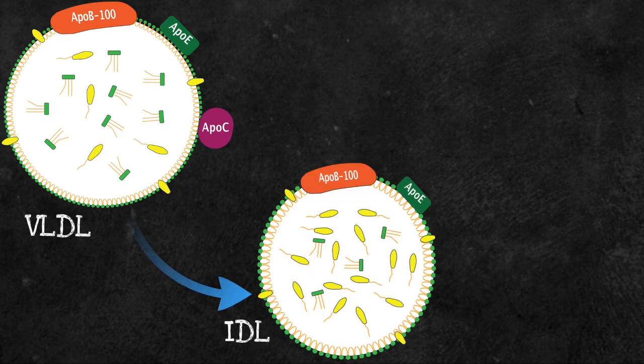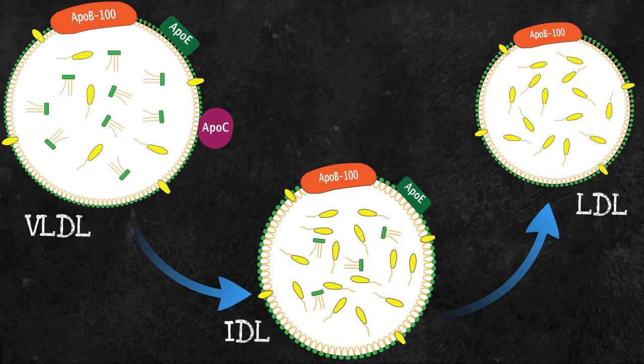As it does that, it slowly becomes slightly more dense until we categorize it as an IDL, or intermediate density lipoprotein. Now this gets rid of even more triglycerides and ultimately becomes an LDL, or low density lipoprotein. At this point, there's really no triglyceride left. There's just a cholesterol core with that ApoB protein on the surface.